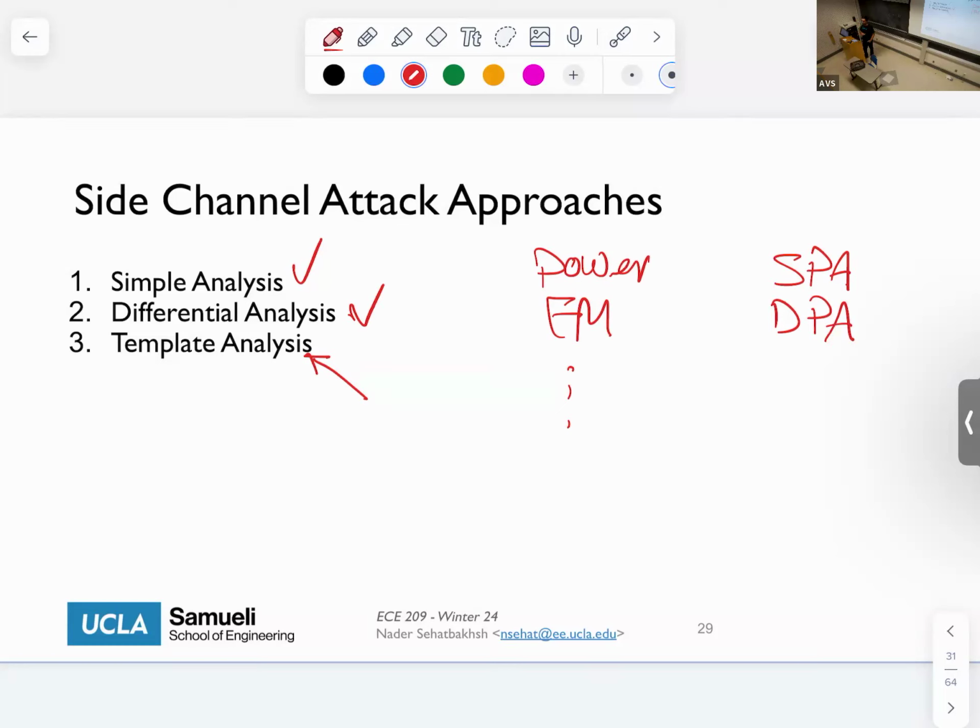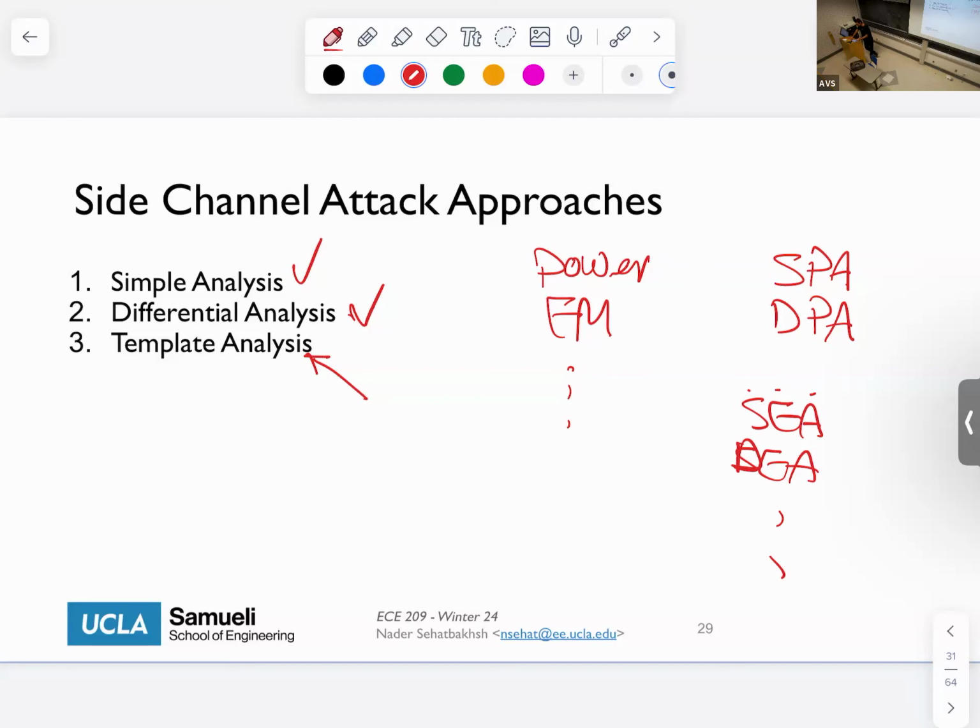When we say DPA or SPA, it means that with power as the side channel, you could instead do SEA, which is simple electromagnetic analysis, or DEA, which is differential electromagnetic analysis, and so on. In principle, all of them are the same. It's just the channel, the signal that you're measuring, that differs. Otherwise the algorithm stays exactly the same.